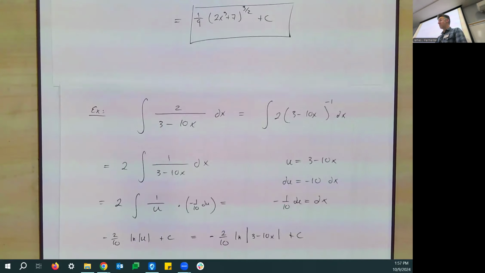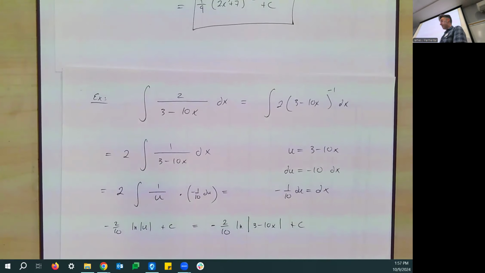Which, if you think about taking the derivative here, makes complete sense. If you took the derivative of the natural log of some stuff, you would get 1 over the stuff times the derivative of the inside stuff. In fact, why am I saying it when I could write it?